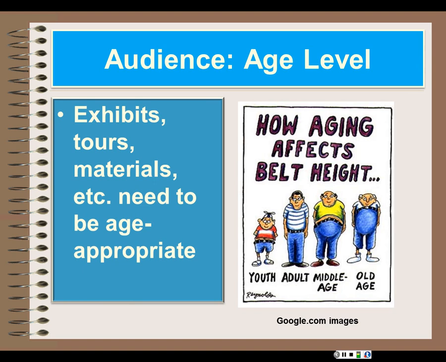One of the first things that we have to consider with audience is age level. Now, assuming that many of you will be working at one time or another in a museum or a historical house, it's important, and it's even important in libraries and archives as well. A lot of emphasis is being put these days on the Common Core curriculum, which is inviting more and more participation in the humanities and the social studies.